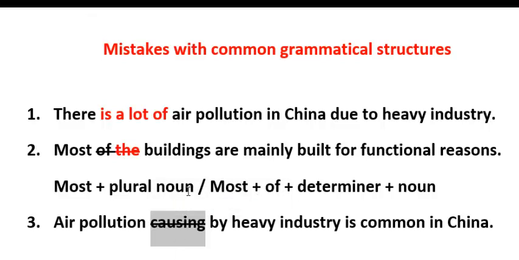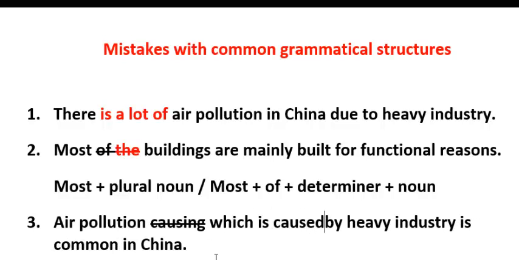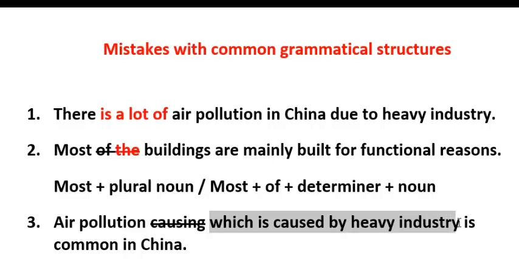Now, if I were to write out this whole relative clause, I would write out this, which is caused. Now, hopefully you can see which is caused by heavy industry is passive. We're talking about air pollution. It doesn't cause itself, it's caused by heavy industry.